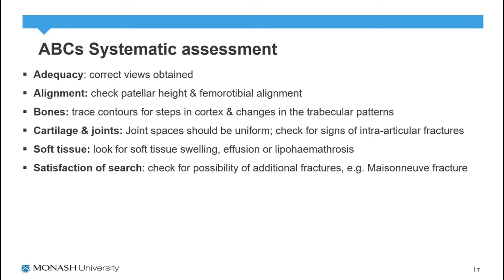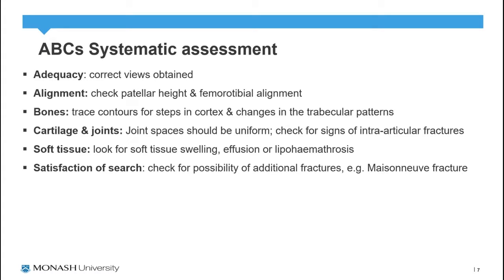The ABC systematic assessment is crucial once again. Ensure that you have the correct views. For example, if there's a suspicion of a patellar fracture, then there's an additional view called the skyline view, which would confirm that the fracture is actually located in the patella.